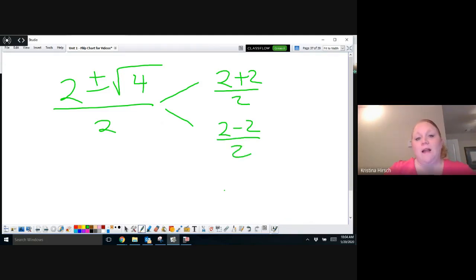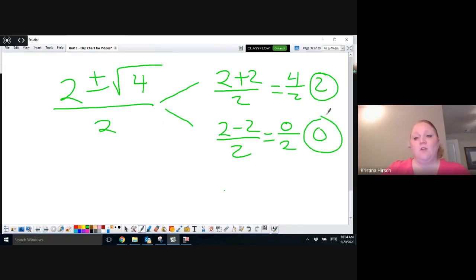All right, so right now, if the 4 was my discriminant, based on what we've learned, we should get two different answers, and they should be real numbers, correct? Well, we have 4 over 2, which is 2. And we have 0 over 2, which is 0. And again, that's two answers, right? That's two real solutions.